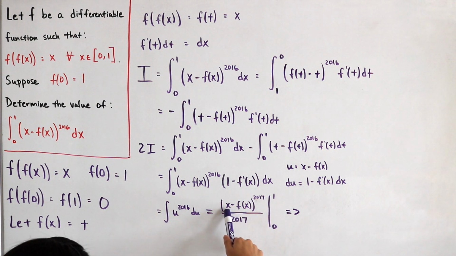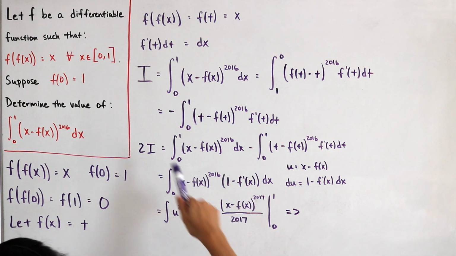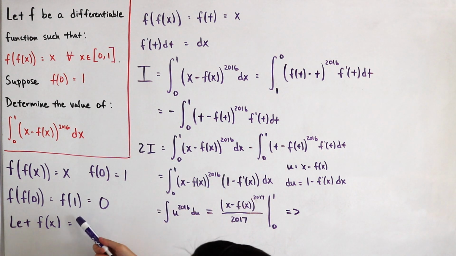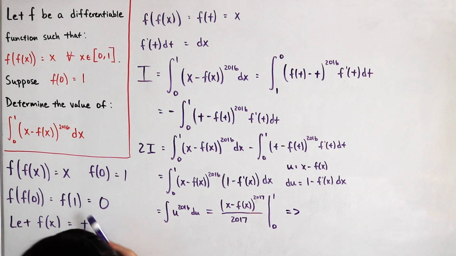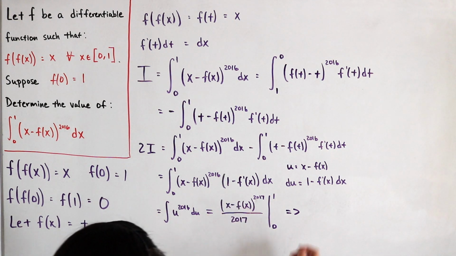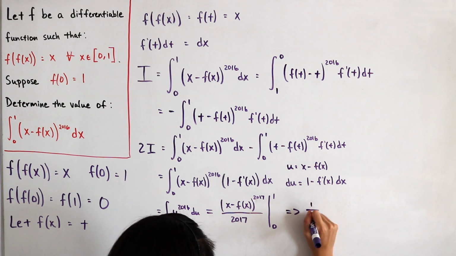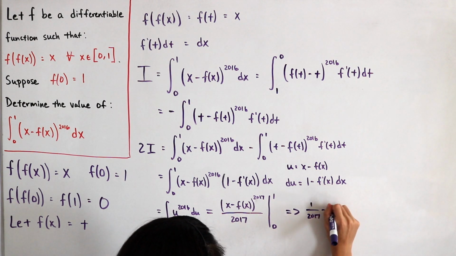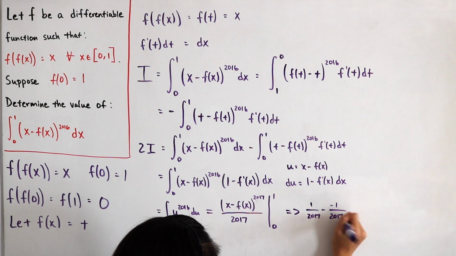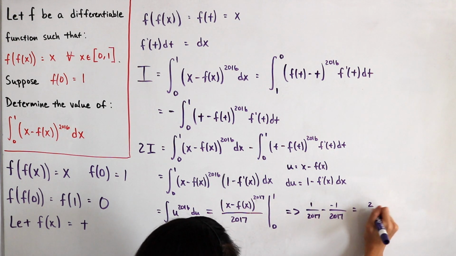And then if you plug in 1, it's 1 minus f of 1, where we said f of 1 right over here is equal to 0. So that means this is 1 minus 0, so this will be 1 over 2017 minus negative 1 over 2017, which is equal to positive 2 divided by 2017.